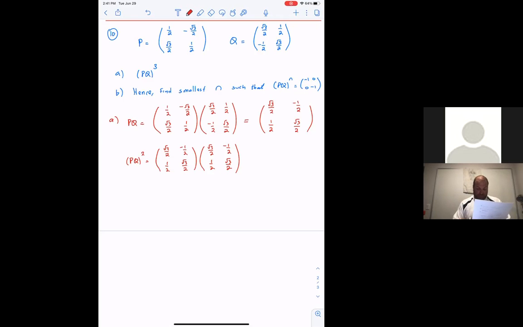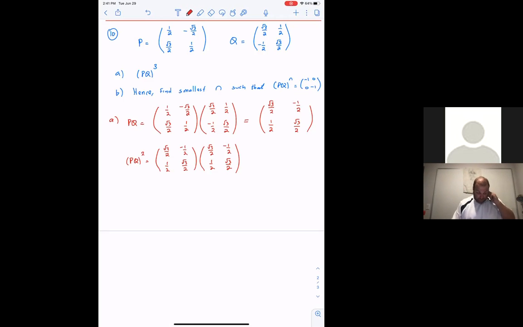What I see on the formula sheet is the anti-clockwise rotation of angle theta: cosine theta, negative sine theta, sine theta, cosine theta. And I look at this matrix PQ, and I realize we got positive, negative, negative, positive, where those two are the same magnitude, and those two are the same magnitude.